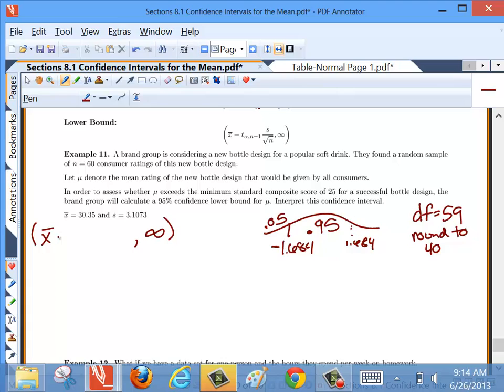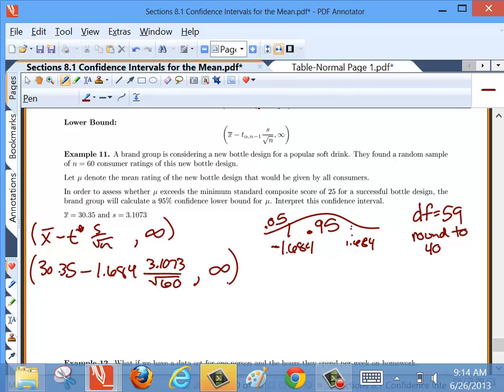But x bar minus my critical point times s over the square root of n. So x bar is 30.35 minus 1.684 times 3.1073 over the square root of 60, to infinity.